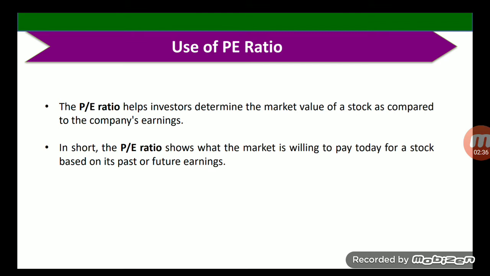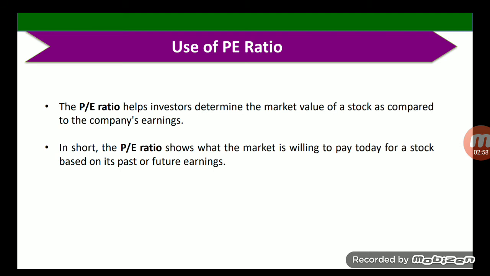P ratio helps investors to determine the market value of a stock as compared to the company's earning. On the basis of the company's earning, the investor can determine whether the stock is cheaper or expensive.